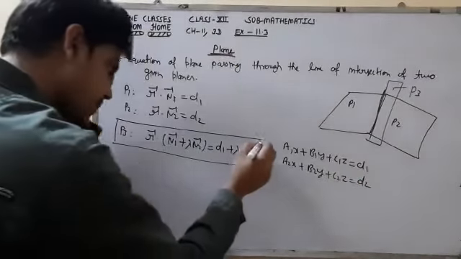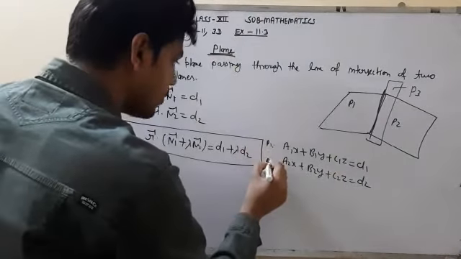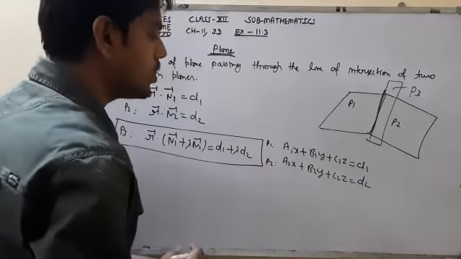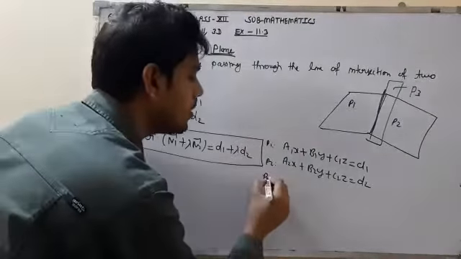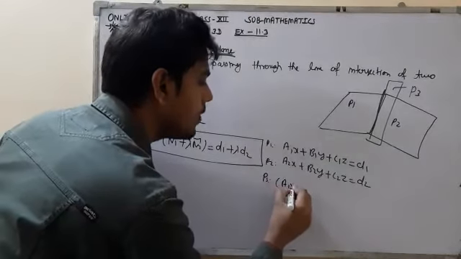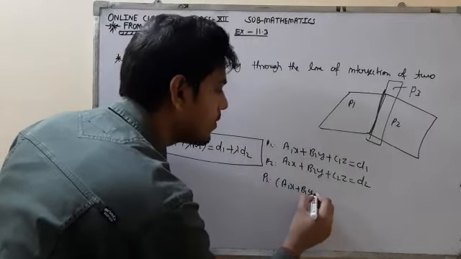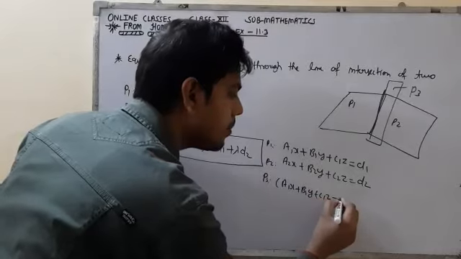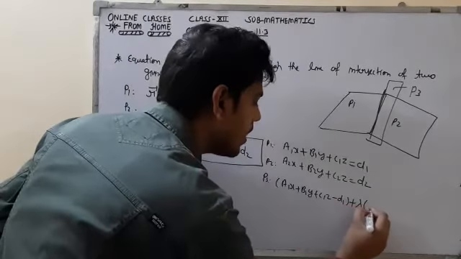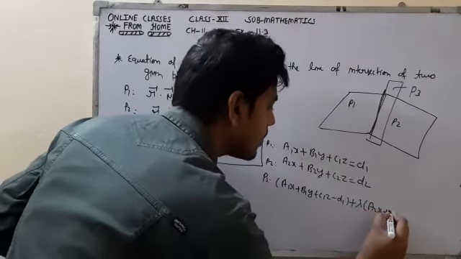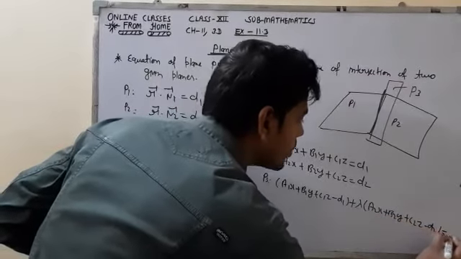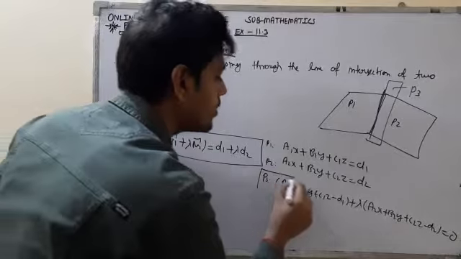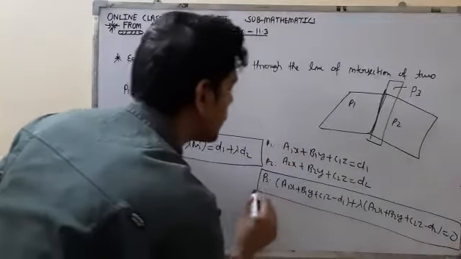Okay, this is plane p1 and this is plane p2. So the Cartesian equation of the plane passing through the line of intersection of these two planes would be (a1x plus b1y plus c1z minus d1) plus lambda (a2x plus b2y plus c2z minus d2) equals 0. Okay, so this is the Cartesian equation of that plane.